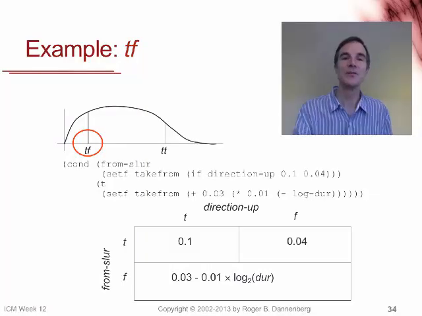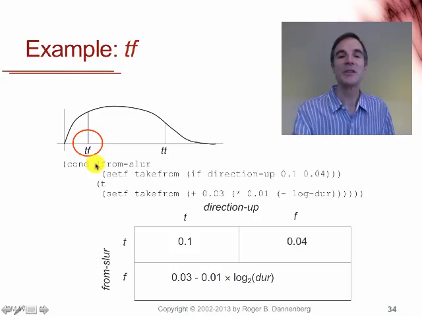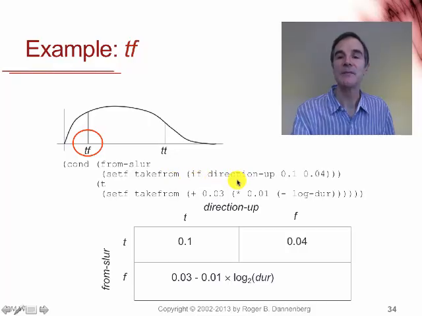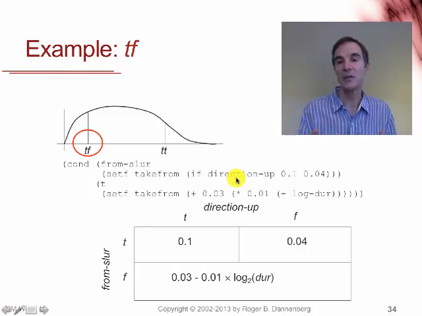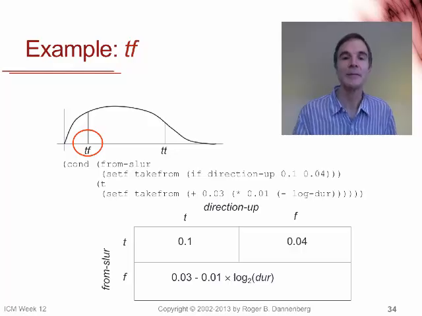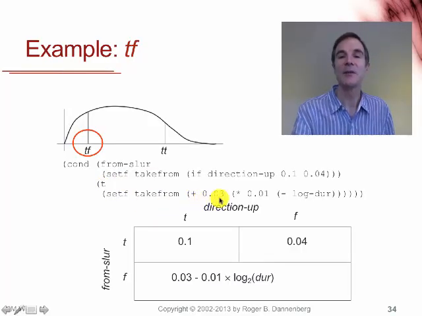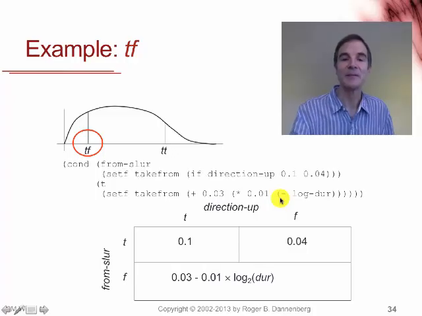For example, here's one rule that was encoded in Lisp. We said if we're coming from a slur, then this TF parameter, written here as take from, is either 0.1 or 0.04, depending on whether or not the direction, in other words, the pitch change, was up. And then there's another case, if we're not coming from a slur, then the take from parameter is this expression involving the logarithm of the duration and some other factors.